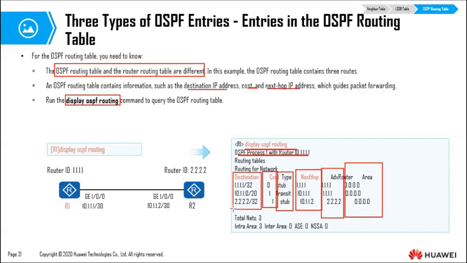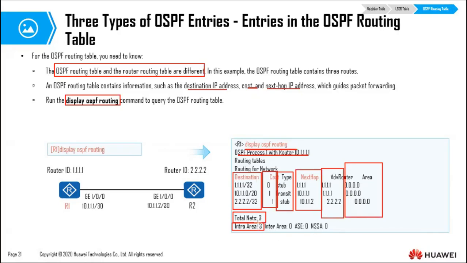We can see that the total routing entries here are 3 in this routing table. All of them are intra-area, meaning they are within the area. All of them are in area 0.